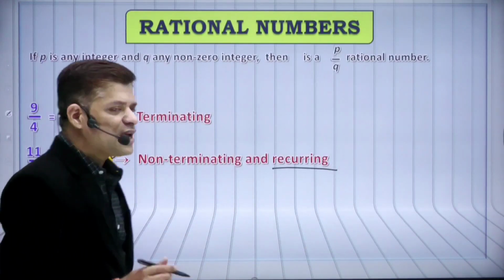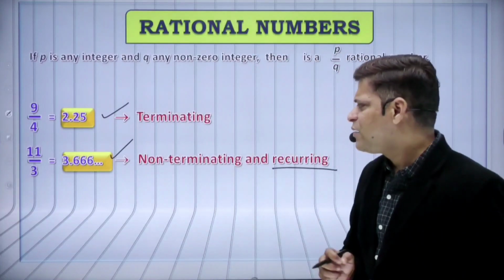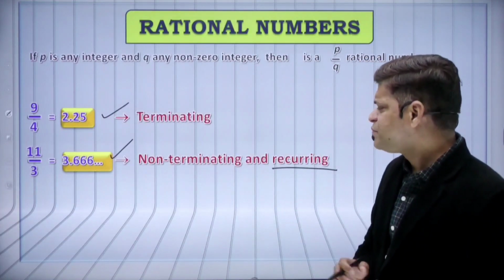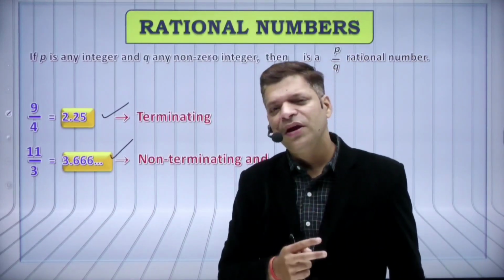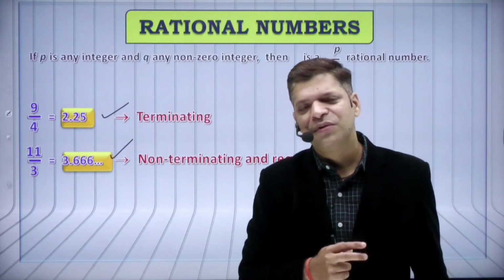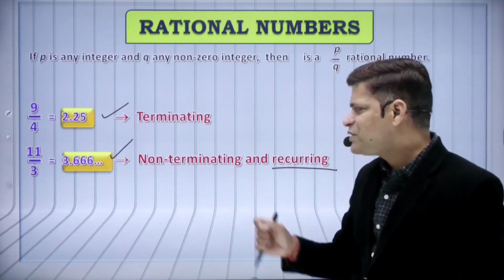So this type of rational number is called non-terminating and recurring. Here we define rational numbers into two formats: terminating rational numbers and non-terminating and recurring rational numbers.